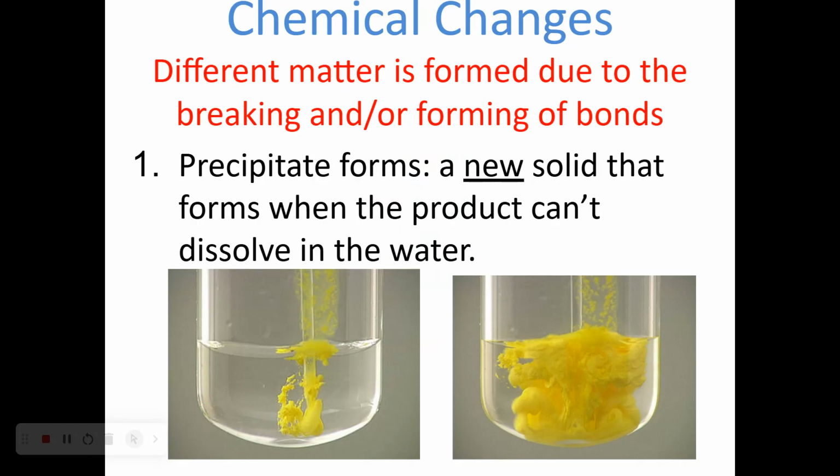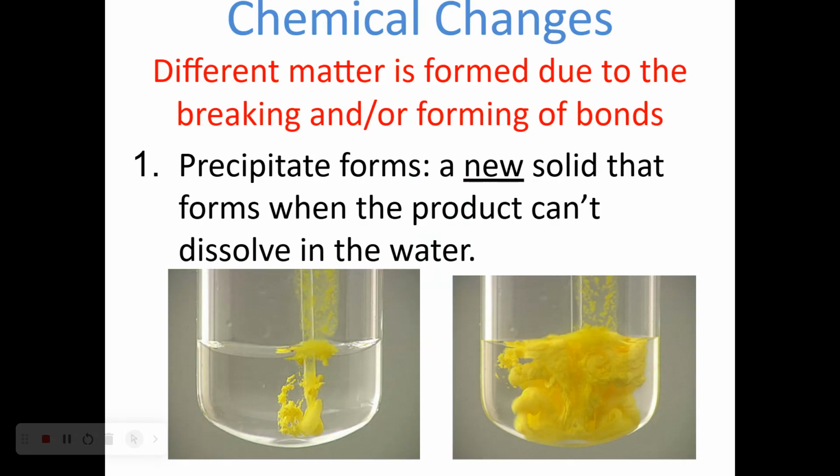Now we're going to get into some signs that a chemical change has happened. Okay? So a chemical change is when you've made something new. It has new chemical properties. And therefore, these should be some signs of these new chemical properties. When you mix some things together and you make a precipitate, which is a new solid that forms when the product can't dissolve in the water, that's a sign that you've made something new, because that new stuff doesn't dissolve in water like the old stuff did.